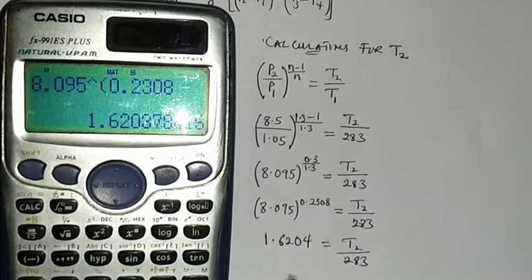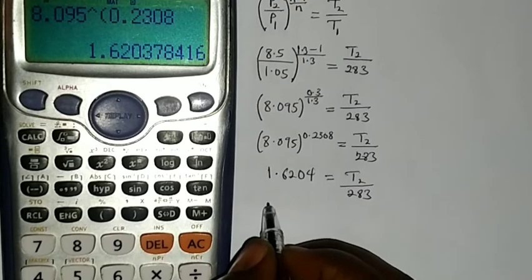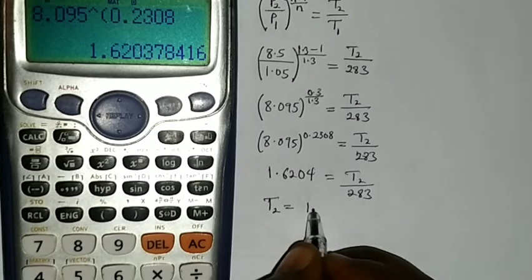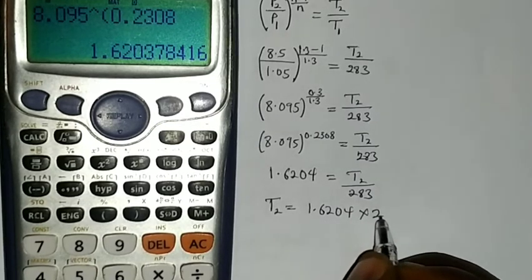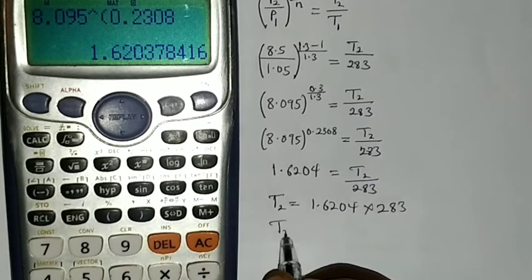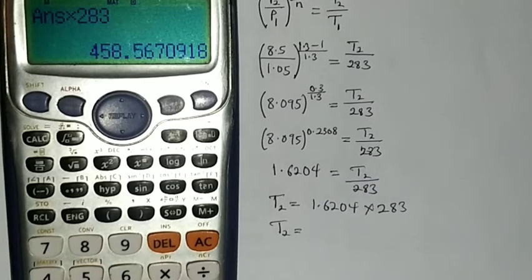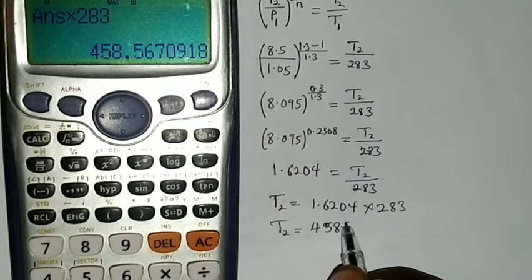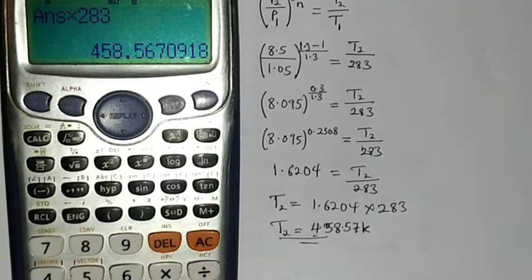Now I will cross multiply, so T2 is 1.6204 multiplied by 283, which gives 458.57 Kelvin. This is my T2 here.